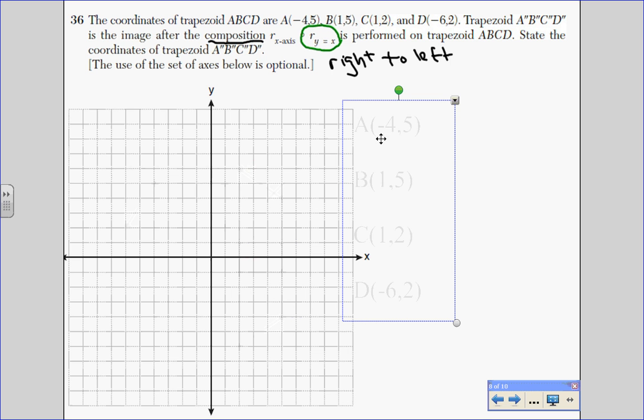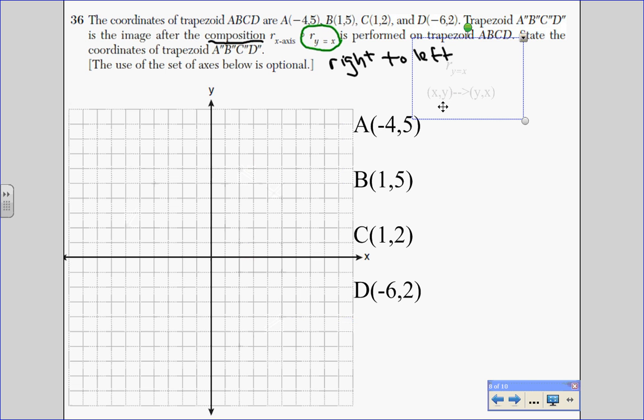Now, the easiest way to do this is to write down the original coordinates and to just memorize the rule of a reflection across the line y = x. The rule is to just switch the x and y coordinate. It's really that easy.